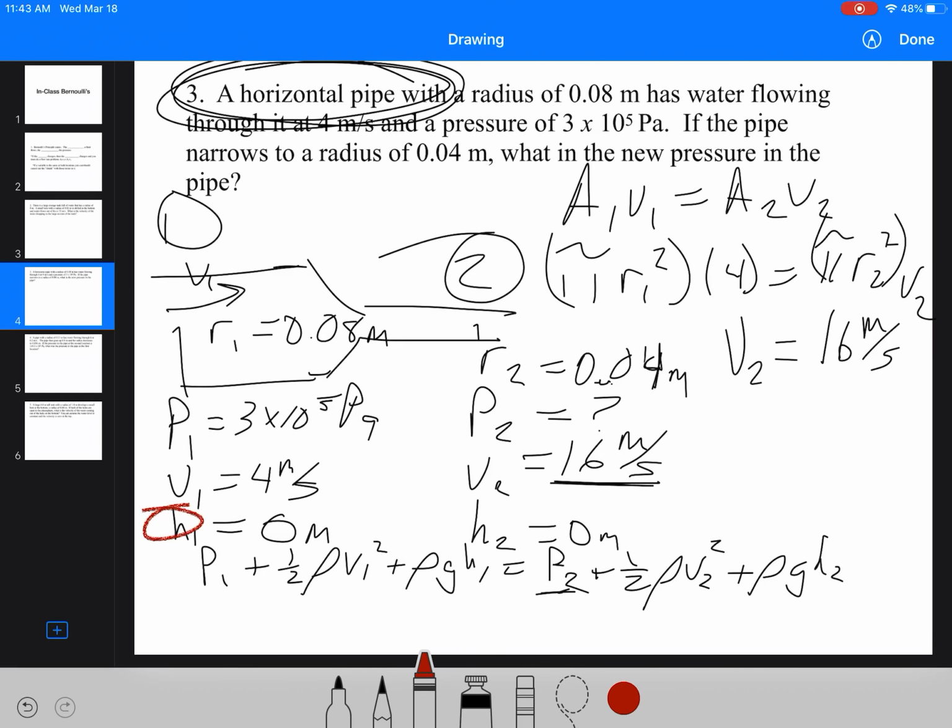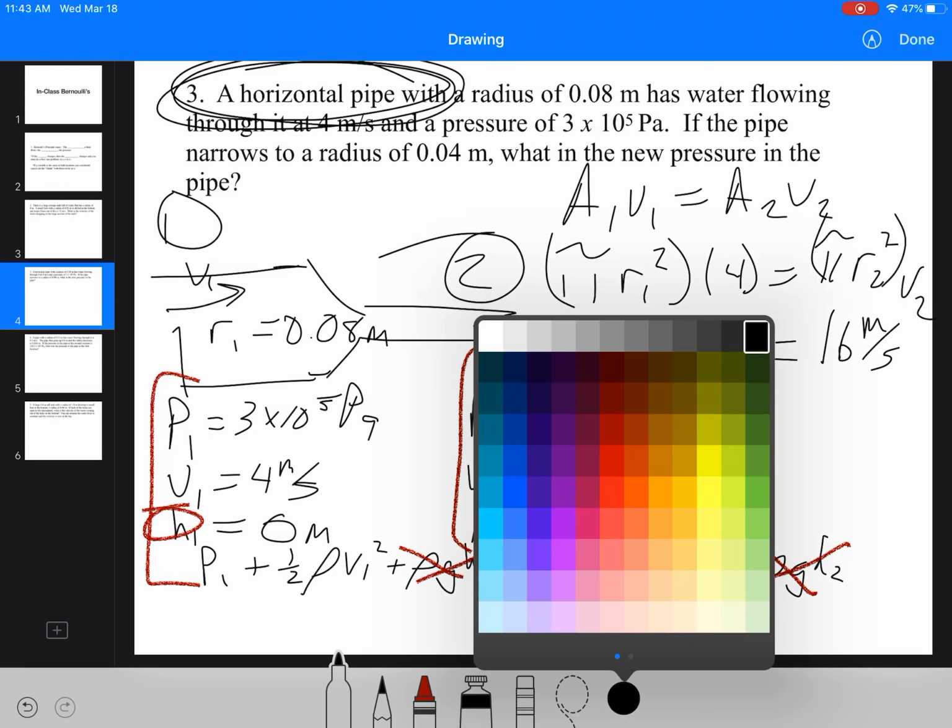Now, because this is a horizontal pipe, and because we said my h's are 0 and 0, we can cross off my h's. Now, you could have said the height at location 1 is 10 and the height at location 2 is 10. That's fine, but they're constant, so therefore we can cross off those chunks of stuff. That's the idea. We can cross off chunks. And then, because I made this list of my variables here, it's really now just a matter of plugging stuff into our formulas as we go.